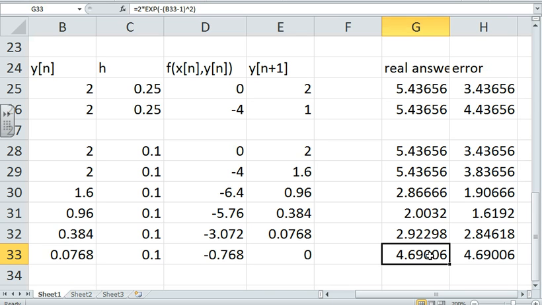So if I go 0.5 squared, with a minus sign, minus 0.5, and then second function, e to the x, minus 0.5 squared, close parentheses, boom. This should be 0.7788.